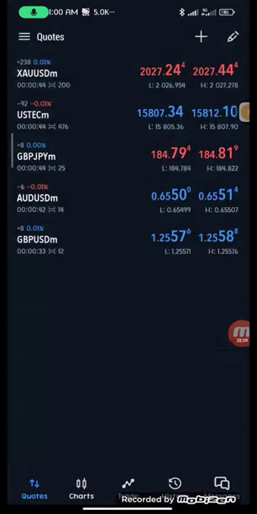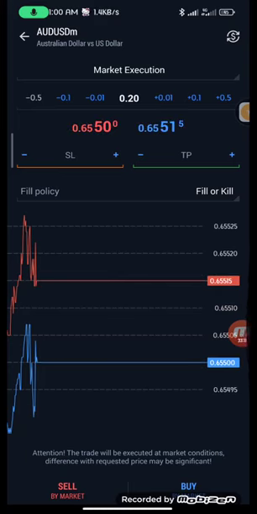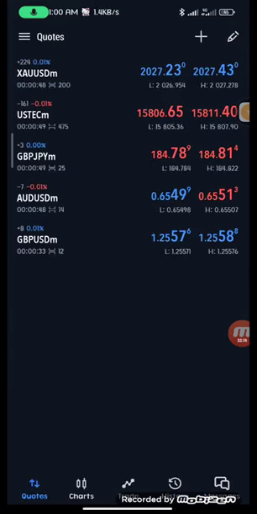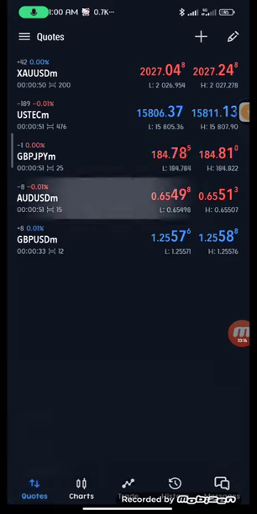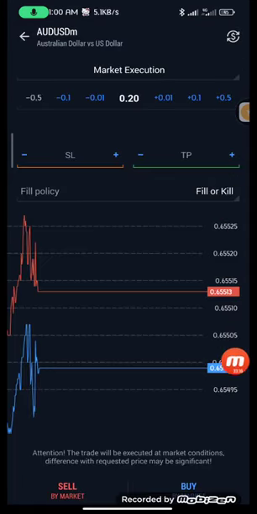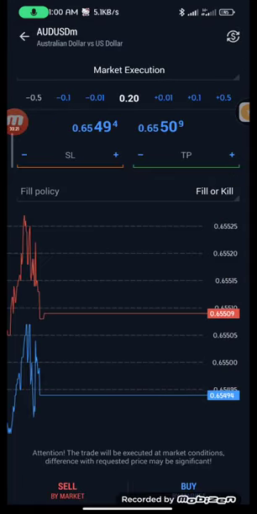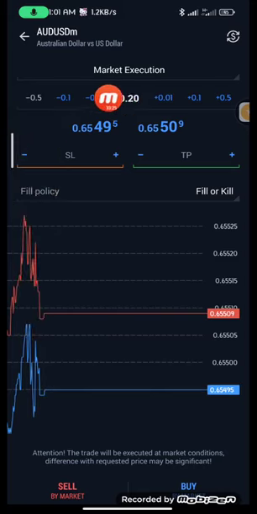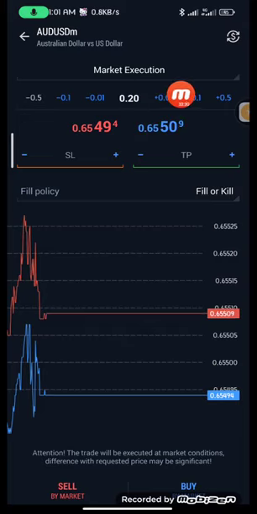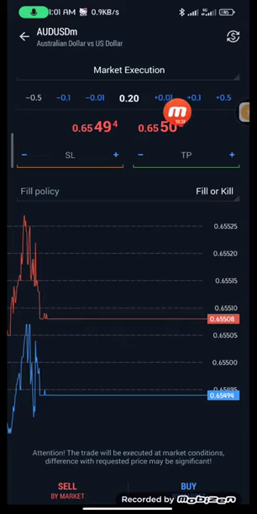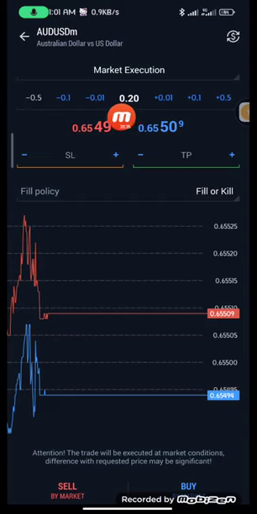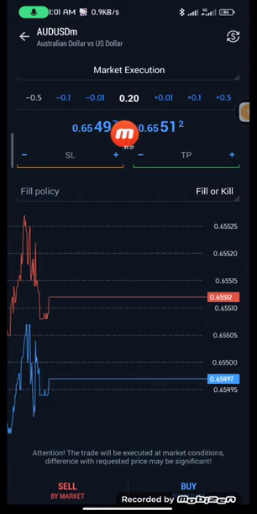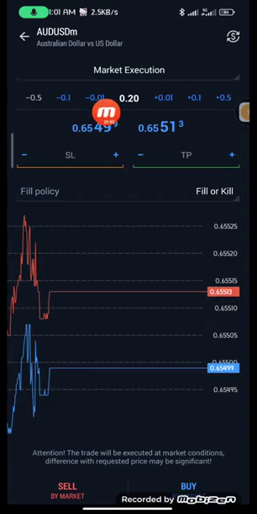AUD USD, new order. All right, here now. As you can see, I said before that all these things here are your lot size, the leverage. The lowest lot size you can actually use on most brokers is 0.01.